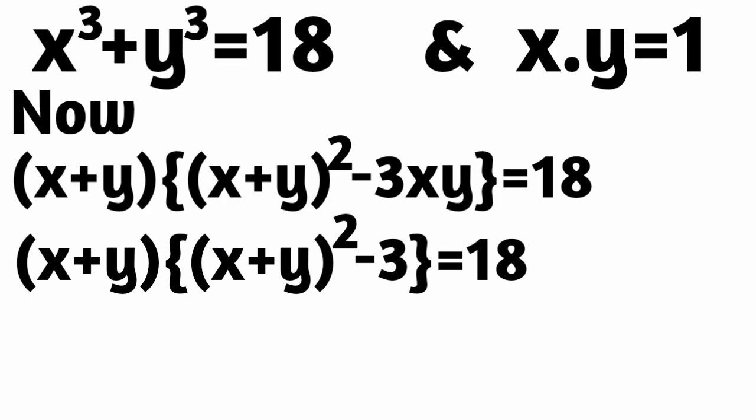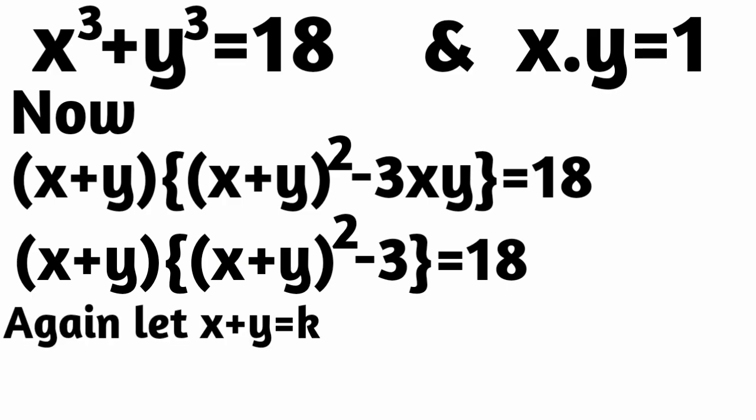And now, putting the value of x plus y as k, because we have to make this expression simple so that we can solve it easily. So by putting x plus y as k in the above expression, we can make it easy and understandable.